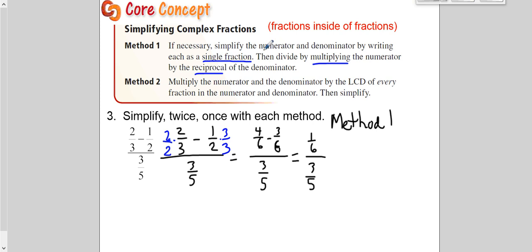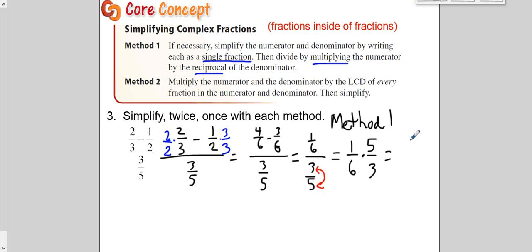Write each as a single fraction. The numerator and denominator each as a single fraction. So we have one fraction divided by another fraction. Then divide by multiplying the numerator by the reciprocal of the denominator. So this guy's going to get flipped over. So instead of having 1/6 divided by 3/5, we're going to do 1/6 times its reciprocal, 5/3.